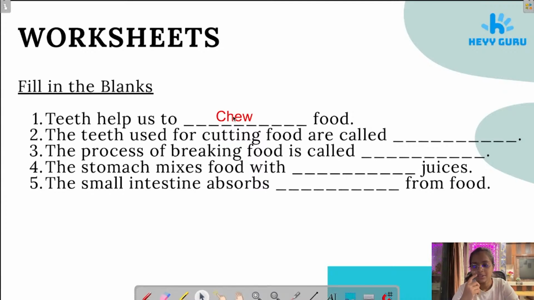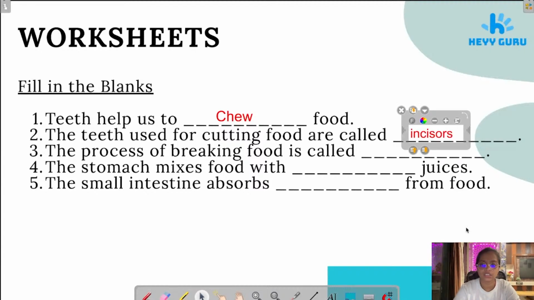Okay, I got the answer. The front teeth, which help you to cut the food, and the front teeth are called incisors. Correct.